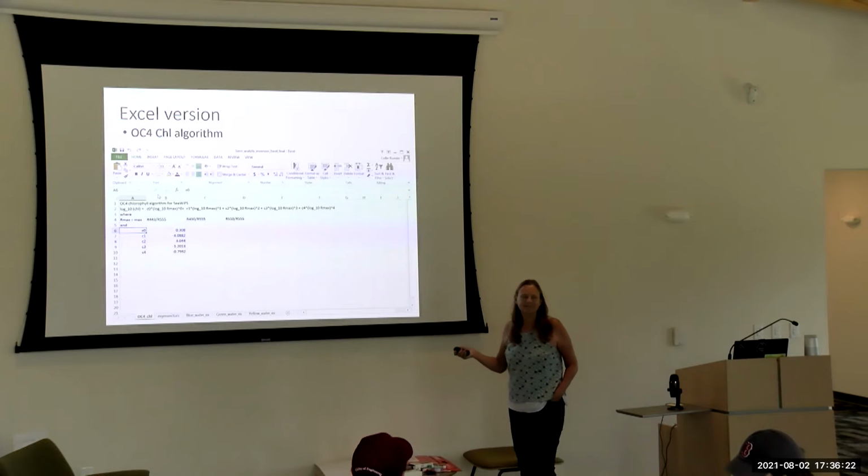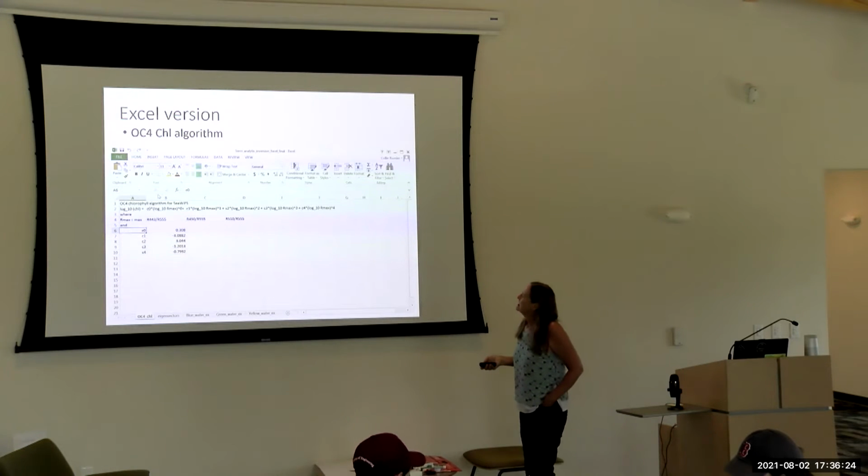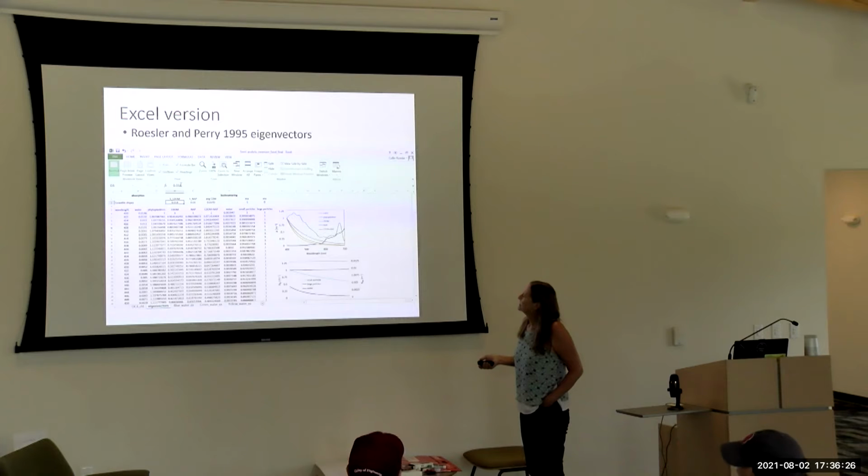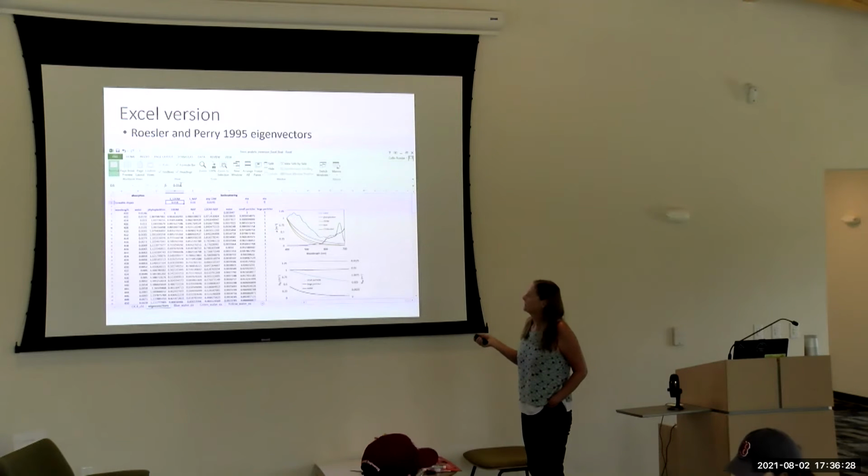That's the band ratio. If you go to the next page, that's the eigenvectors. Those should look really familiar because I just plotted them for you. Here they are by wavelength, and they're all normalized to 400, except for water absorption and water backscattering.